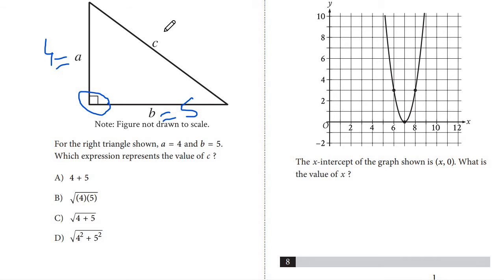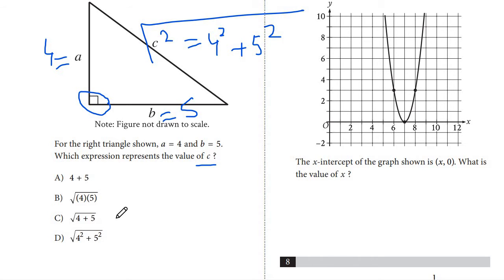And then c, we know that c squared is a squared plus b squared, a being 4 and b being 5, so that's certainly correct. But they're not asking for c squared, they're asking for c, so we have to root both sides to undo the square, so that will give us D as an answer.